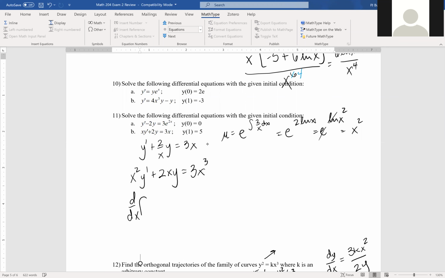That should collapse down to this. Let's see. So 2xy plus x squared y prime. That looks good. When you divide through by x, shouldn't the 3x become 3? That's what it was.